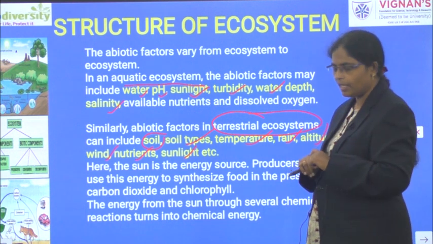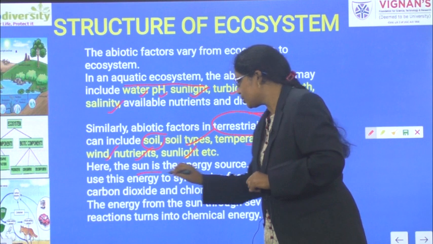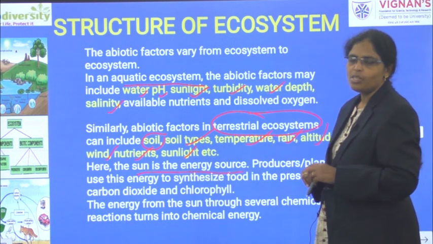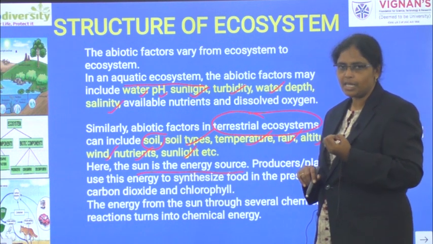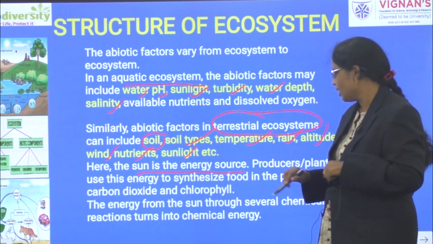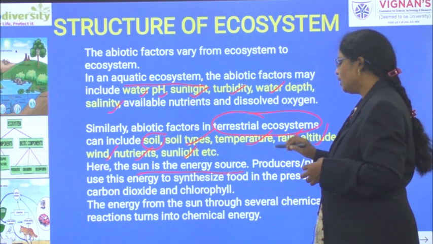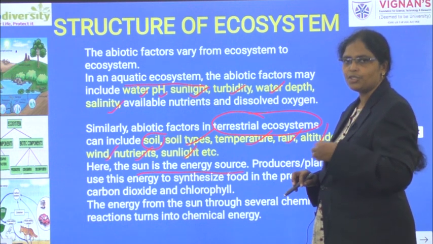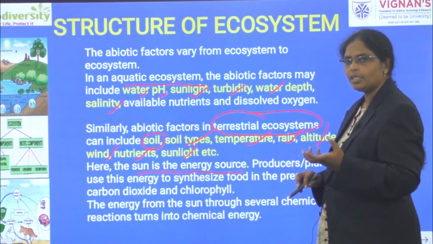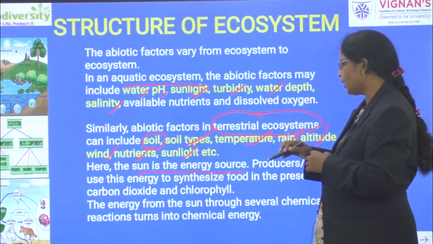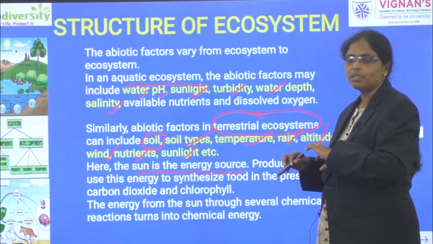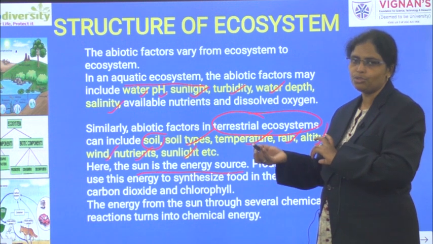For all these things, the sun is the major source of energy. The energy that comes from the sun is utilized by the producers, and these producers synthesize the food material, and this food material is consumed by the consumers, so that the energy flows from the sun to the producers and to the consumers.